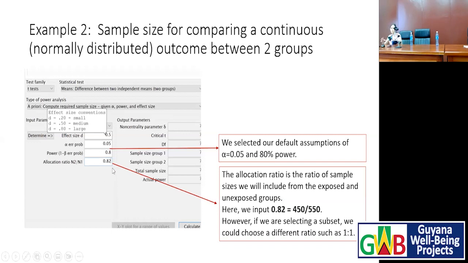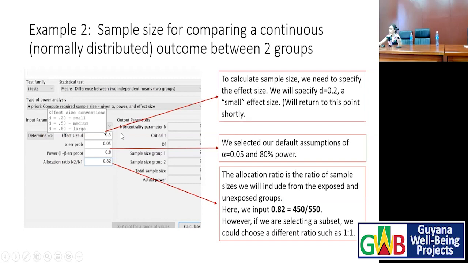So we keep the ratio for our study the same as the overall study ratio. But I also note that we're selecting a subset, so as long as we have enough participants, we could also choose it in a different way, such as 1-to-1, in which case just calculate the ratio and fill in the alternative.